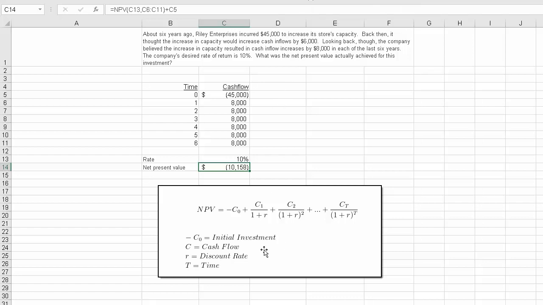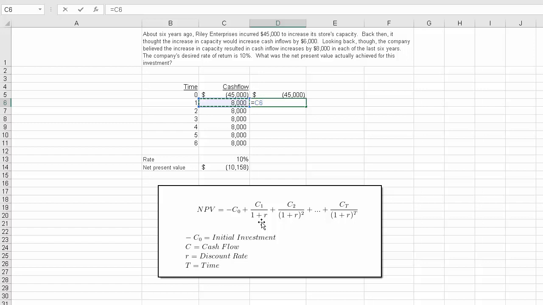Now let's say you didn't have Excel available to you and you wanted to determine this using calculations, using the formulas. Well, you could do that. Look what it says. It says NPV is equal to the negative of the initial investment and then the formulas. So the initial investment is the $45,000. That's negative. Then this would be the cash flow for period 1 divided by 1 plus the rate. So the cash flow for the first period is $8,000.